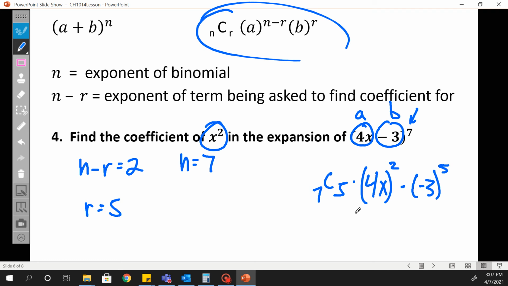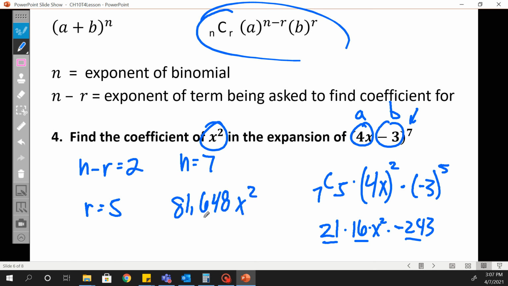Okay, so 7 choose 5, that's 21. 4 squared is 16, x squared is x squared, and negative 3 to the fifth, negative 243. So 21, 16, and negative 243. So it's 81,648 x squared would be the term.